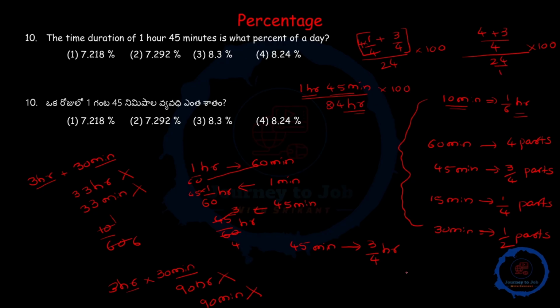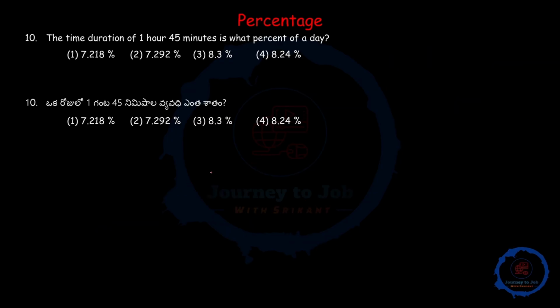So writing here 7 by 4 into 1 by 24 into 100. Now 4 into 25 is 100. If you solve, this is 7 into 25 by 24.